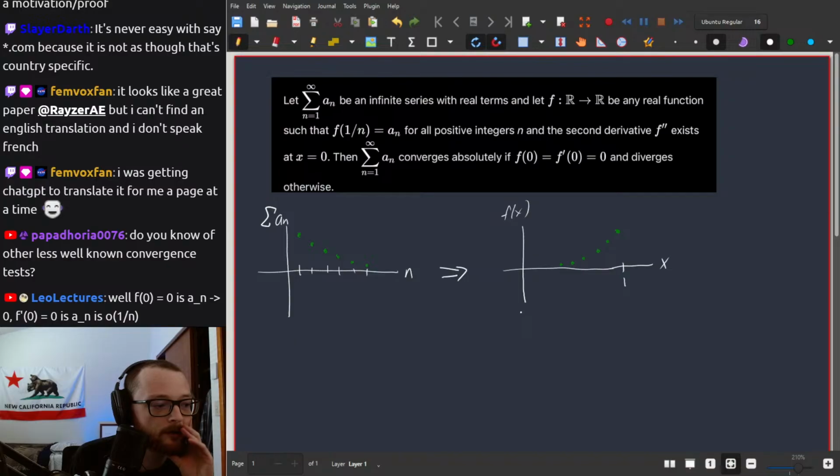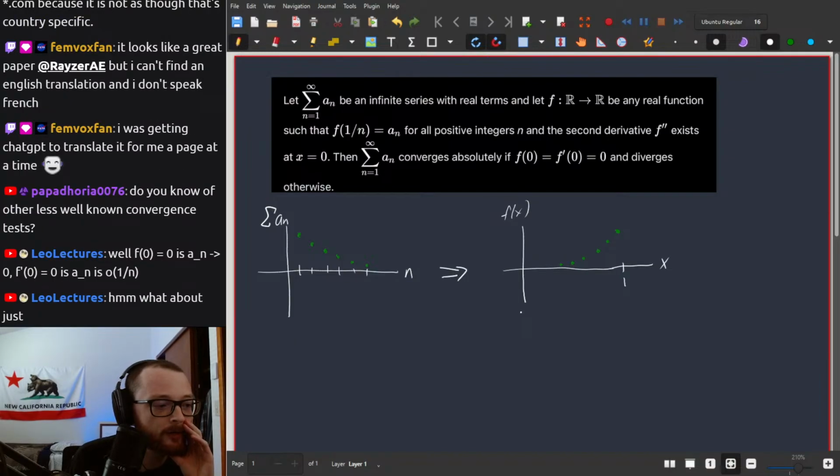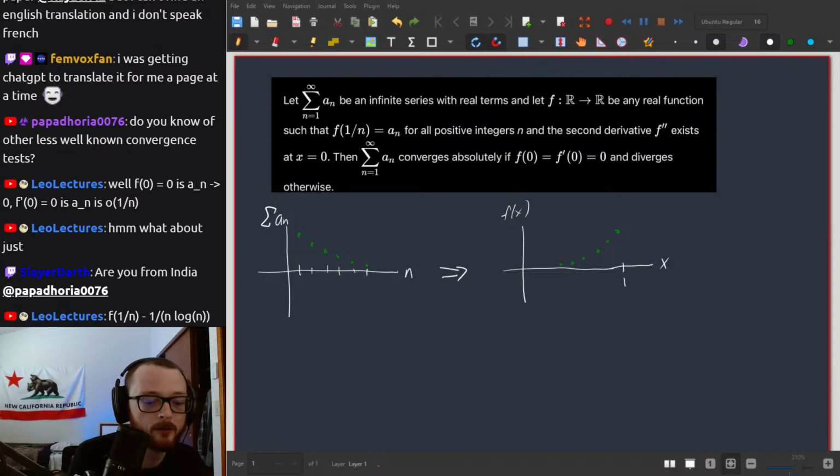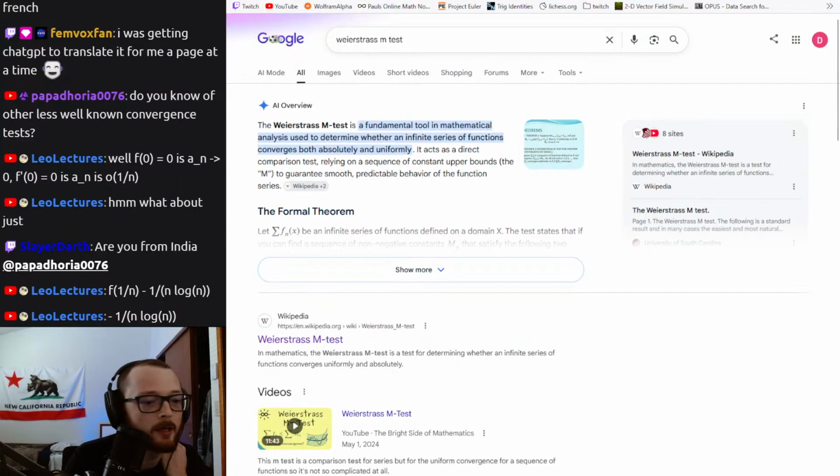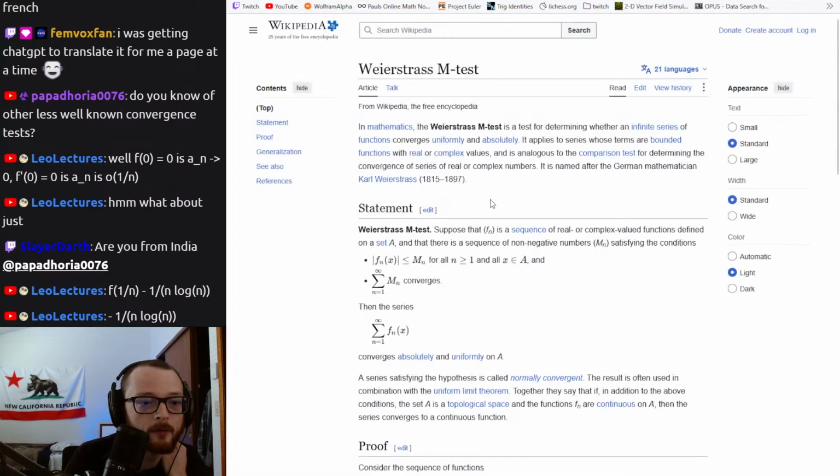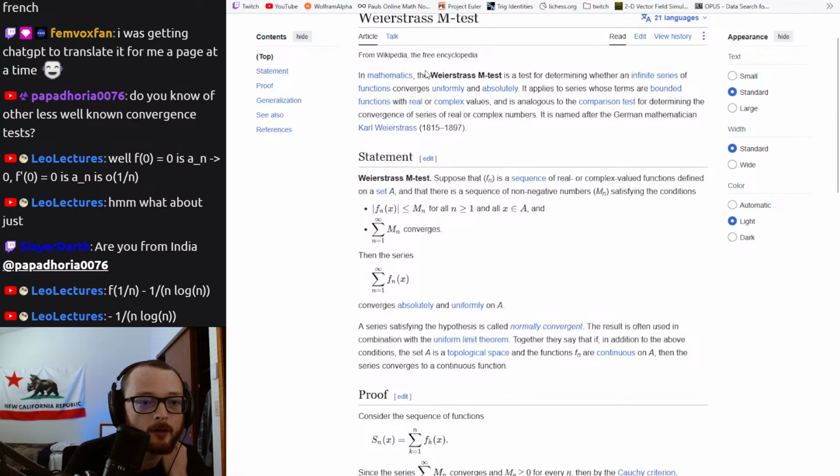I think of other less well-known convergence tests. Like this bad boy is one of the lesser known ones. Wire stress M test.